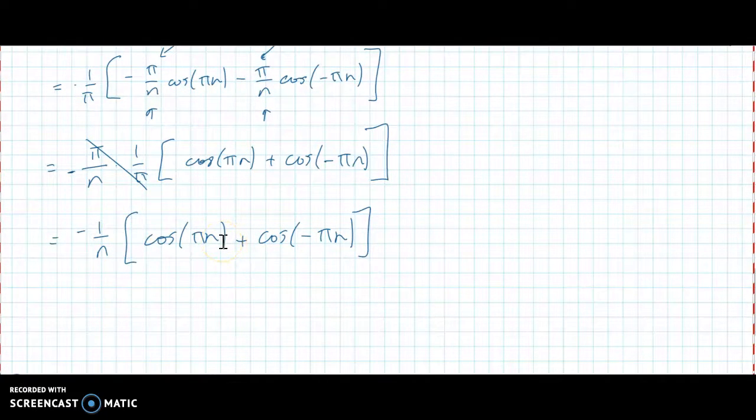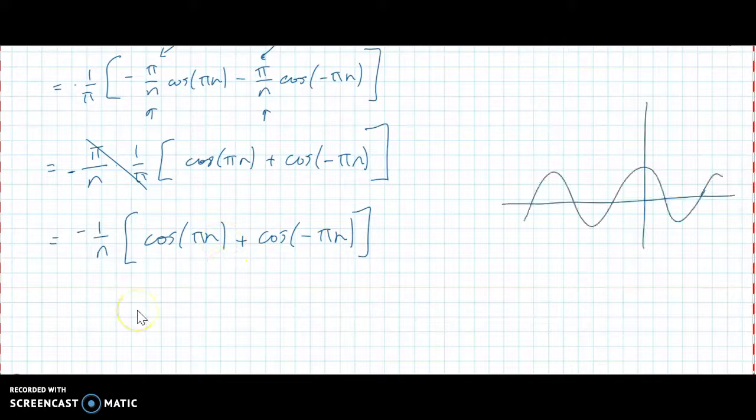From here, I'm going to use the property that cosine of a and cosine of negative a are the same thing. You may say, what? Well, what I mean is if I come to here and go up, and I go back the same amount and go up, if I had drawn this very well, you would see these are the same height. Or if I were to go forward to here and down, and I go back the same amount and down, those have the same height. It's an even function. So what does that mean?